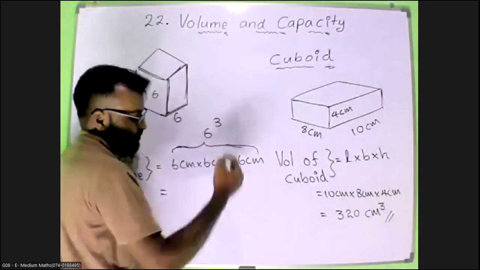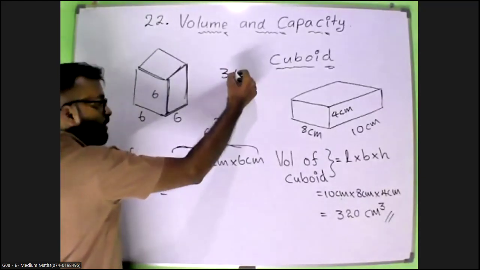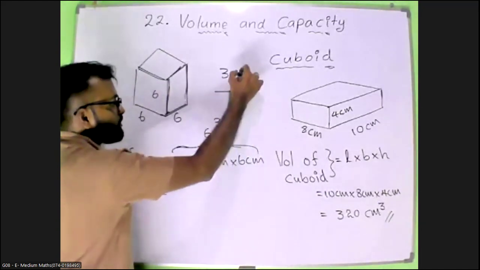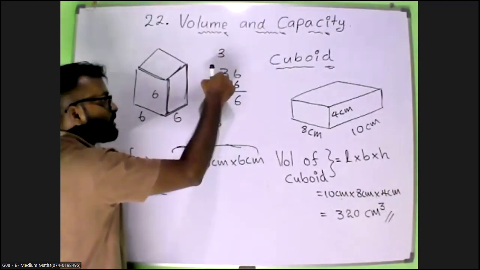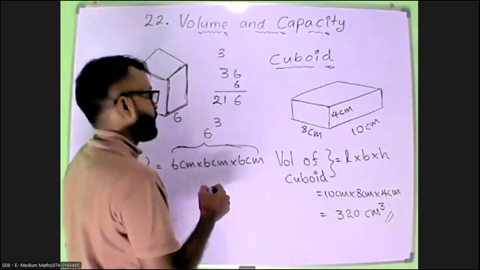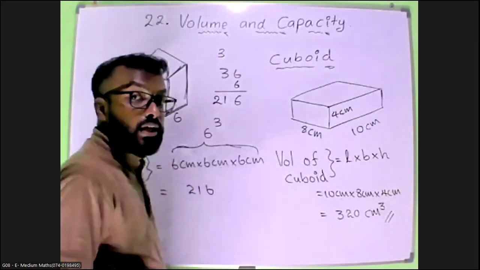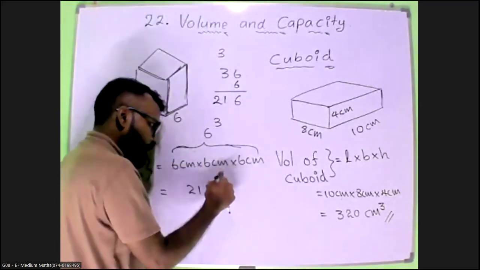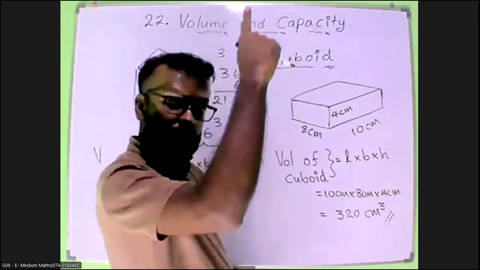So 6 times 6 is 36, and 36 times 6 is 216. For the unit, centimeter times centimeter times centimeter, centimeter to the power 3.